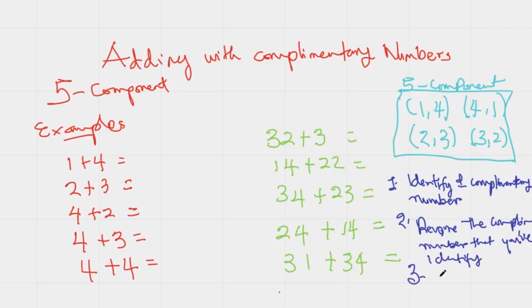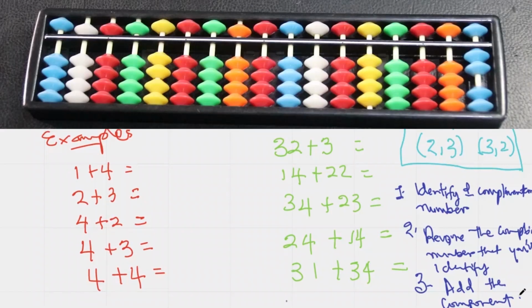Step 3, add the component. Those are the basic 3 steps in trying to solve problems using complementary numbers. So let's go again.